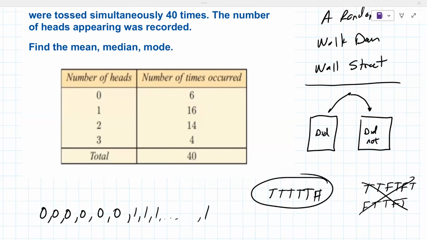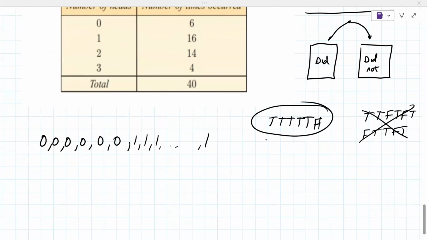So in your calculator, go to stat, calc, one variable stats. Before you hit calculate, you should see where it says FreqList or a frequency command somewhere.